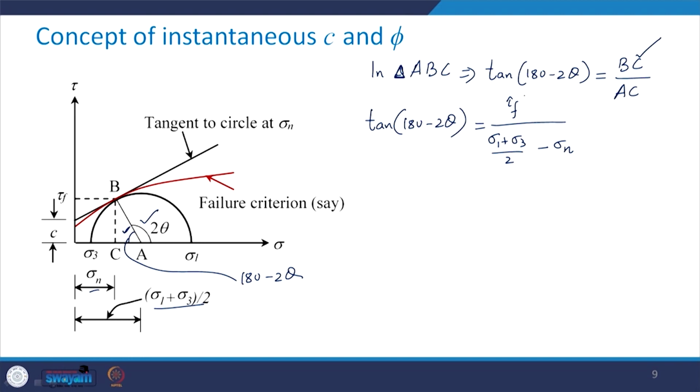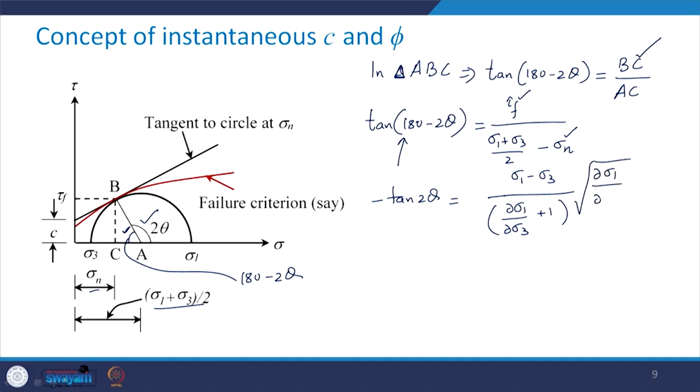Now you have got the expression for tau f, and you have got the expression for sigma n. So we just substitute in this expression, and you all know that tan of 180 minus 2 theta is going to be minus tan of 2 theta. This is going to be equal to sigma 1 minus sigma 3 upon del sigma 1 del sigma 3 plus 1 square root of del sigma 1 del sigma 3.